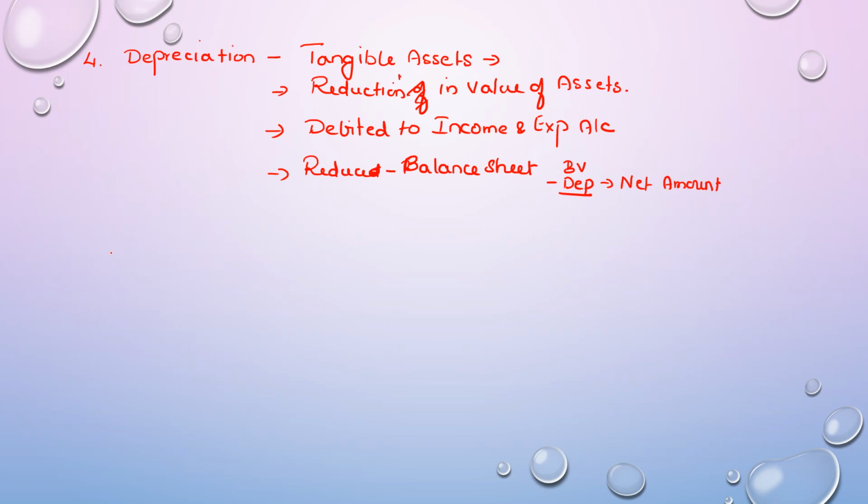Finally, there are certain items which you can find in an NPO, which I would like to discuss under this head, miscellaneous items, which you are likely to come across. Like you can have loss on sale of sports material.